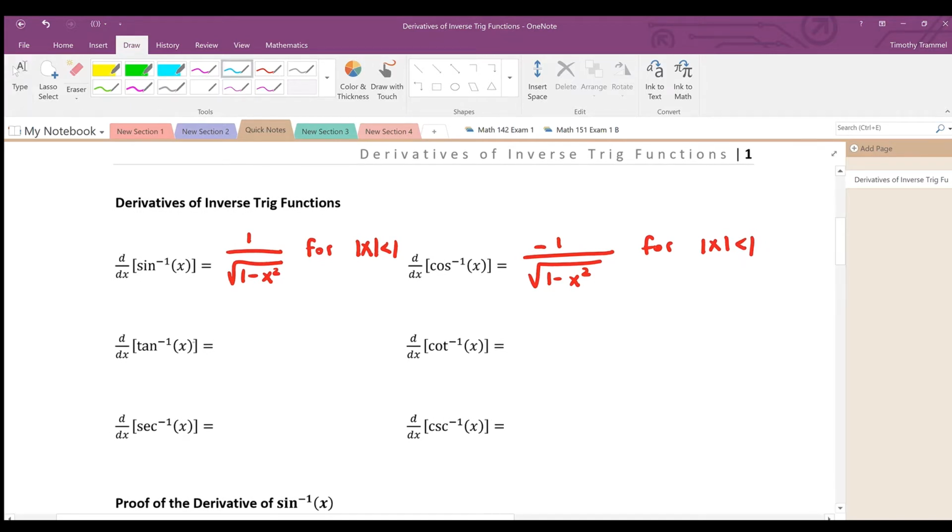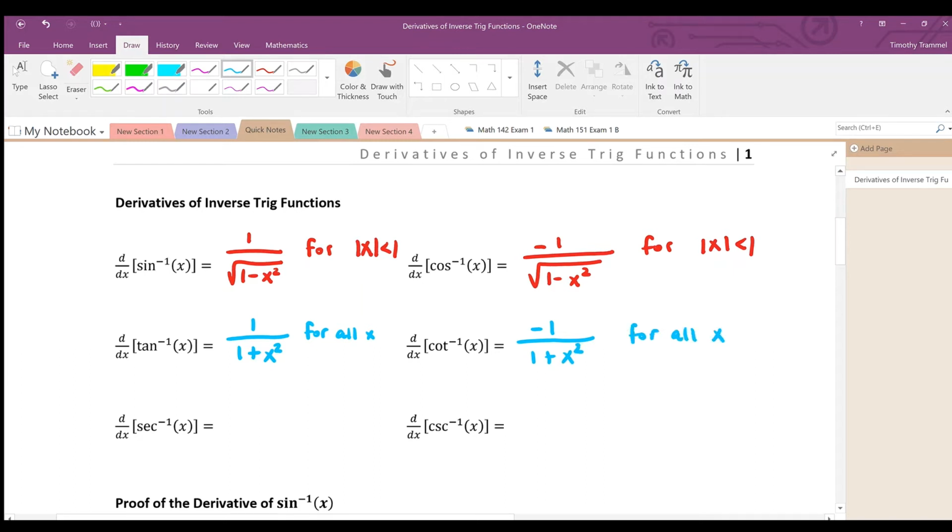If we move on to the derivative with respect to x of tangent inverse of x, that's 1 over 1 plus x squared, and this is for all x. And the derivative with respect to x of cotangent inverse of x is -1 over 1 plus x squared. And this is for all x.